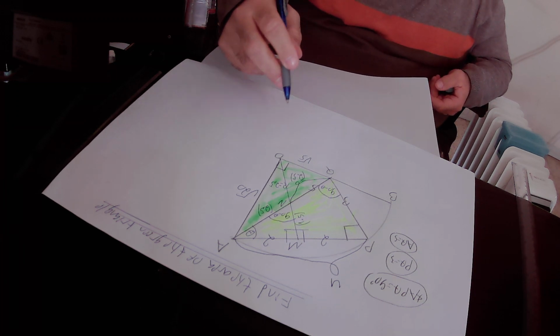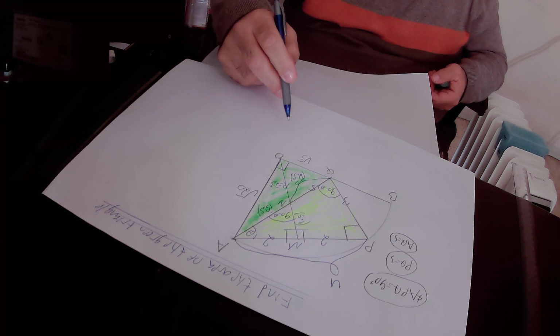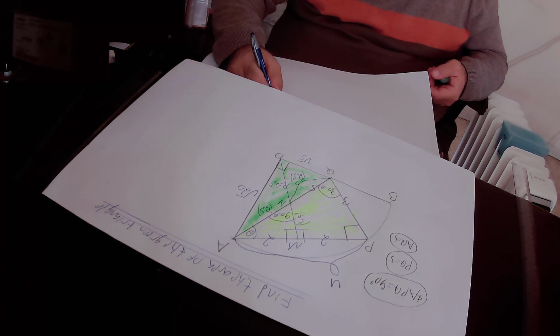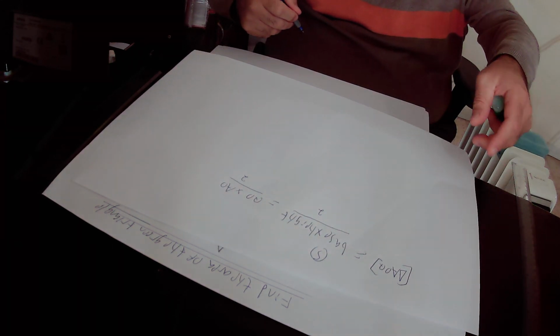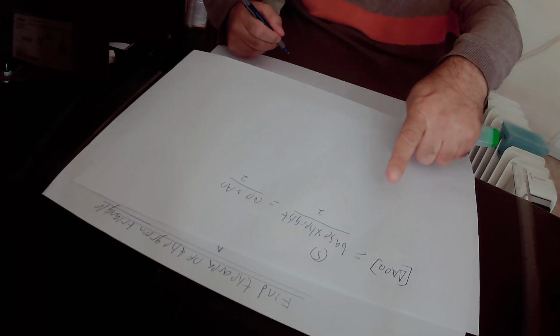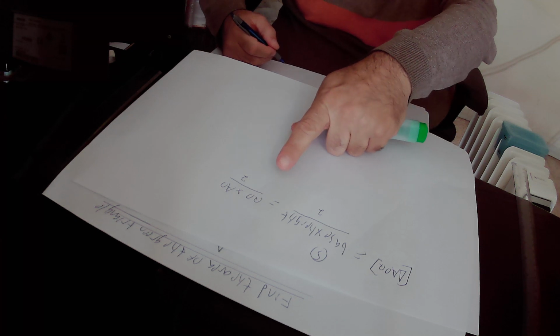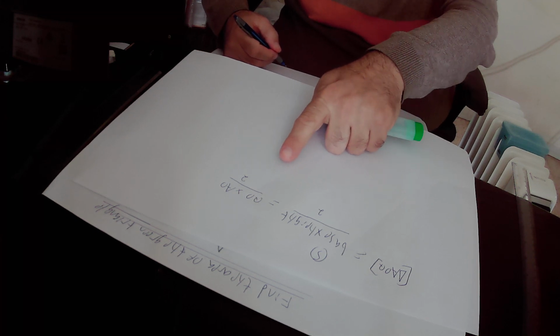The height is AO, because AO creates 90 degrees with the base QO. So it is QO times AO over 2.